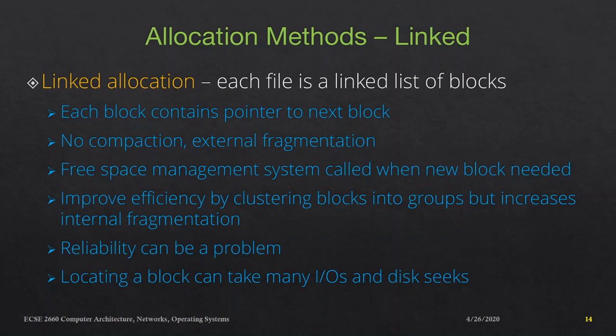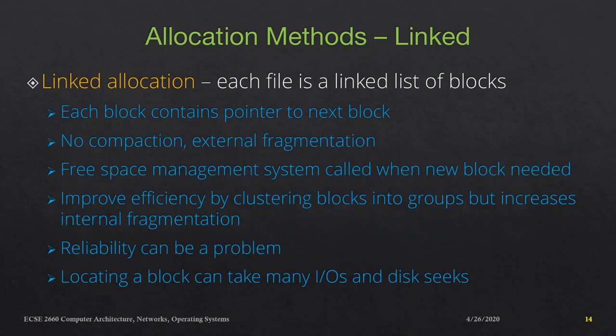Linked allocation involves no external fragmentation, does not require pre-known file sizes, and allows files to grow dynamically at any time. Unfortunately, linked allocation is only efficient for sequential access files, as random access requires starting at the beginning of the list for each new location access.